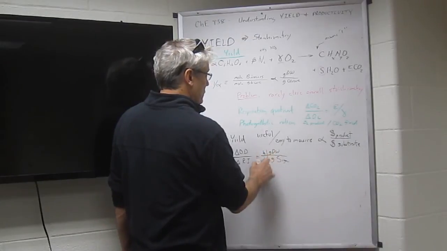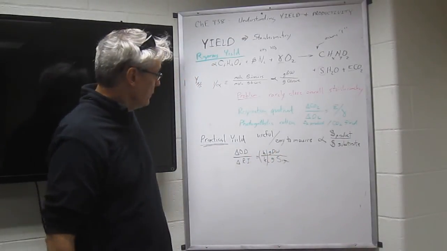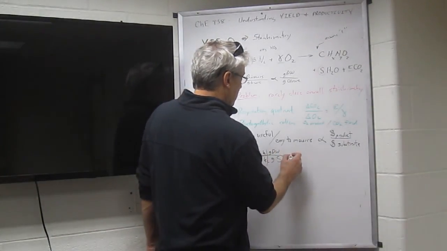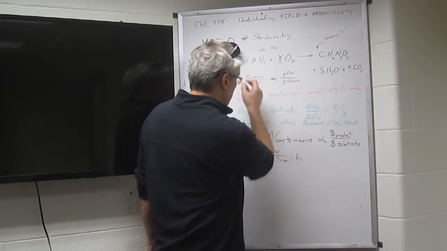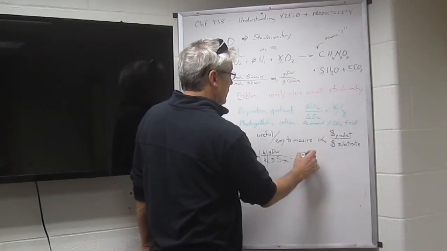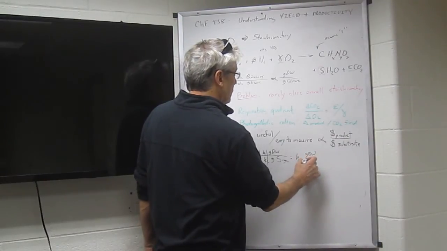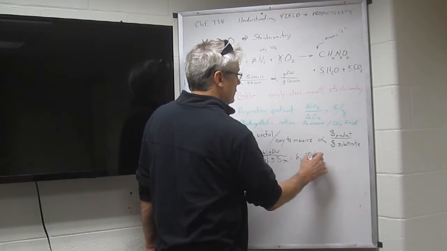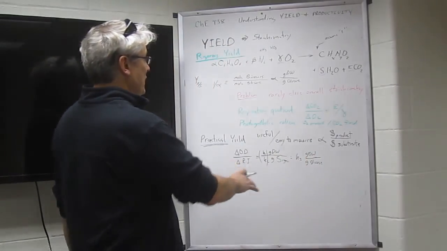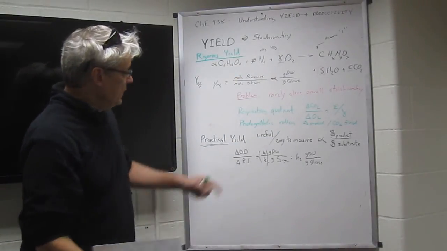And you can certainly express that as K3 times the yield that we had over there, so grams dry weight over the grams of, in this case, glucose. So it's just another way to get to essentially the same kind of thing through easy measurements.